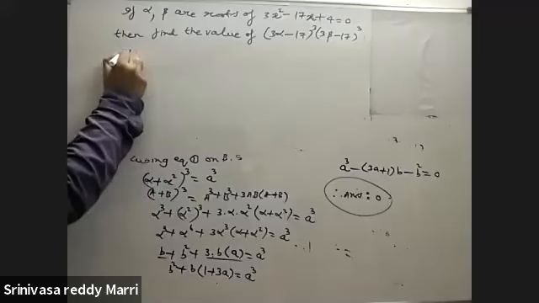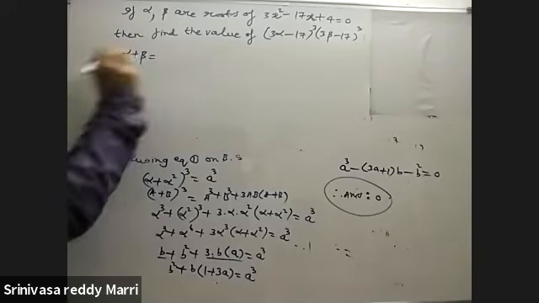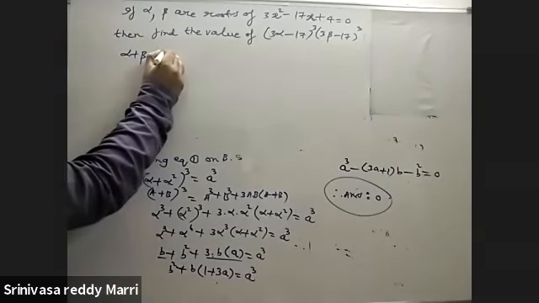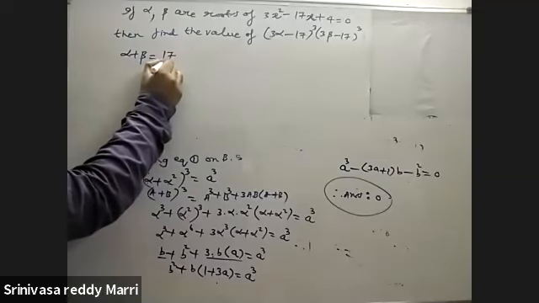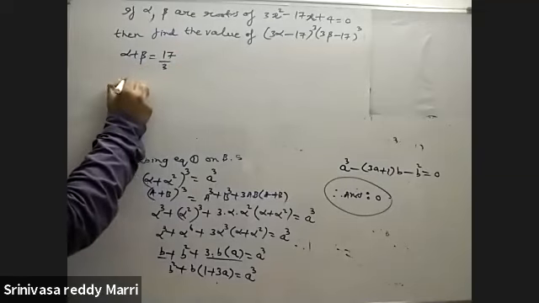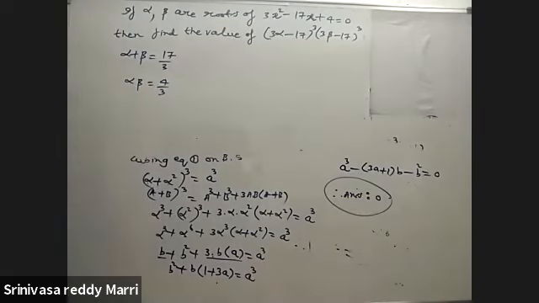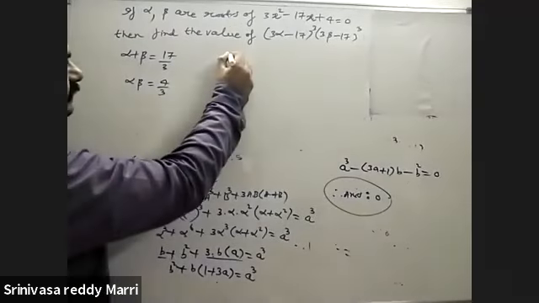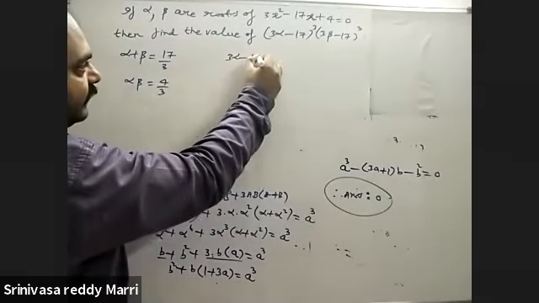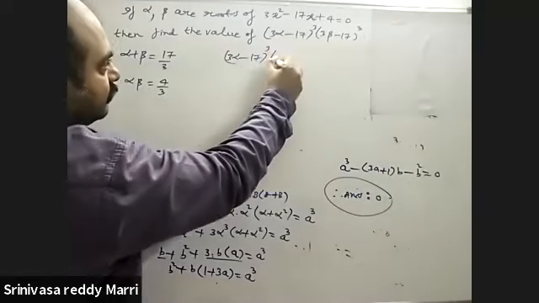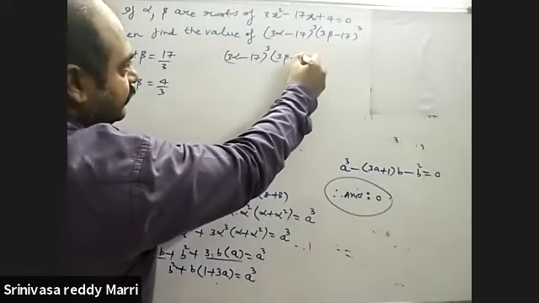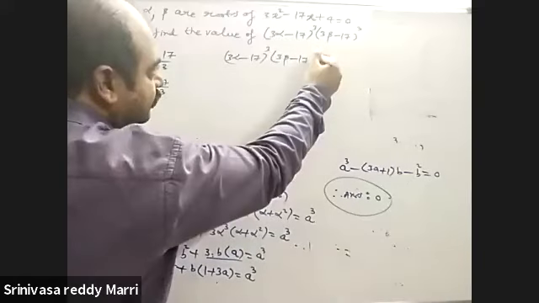Immediately what you will write is alpha plus beta, sum of the roots, minus b by a. That means minus b is 17 divided by 3, alpha beta is nothing but 4 divided by 3. Immediately we will write the value of this. So now look at. He is asking the value of (3 alpha minus 17) whole cube, (3 beta minus 17) whole cube.